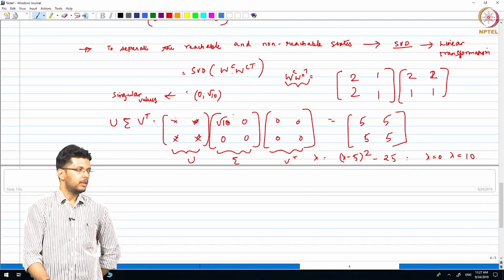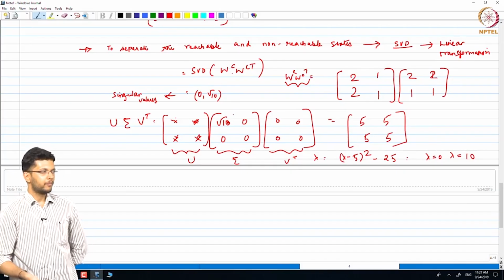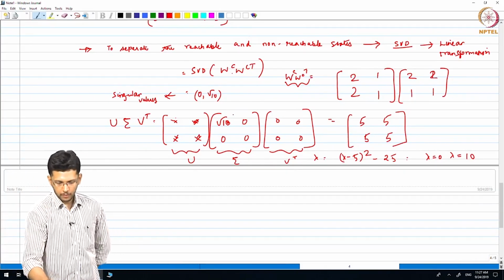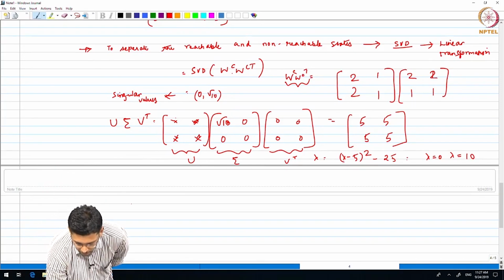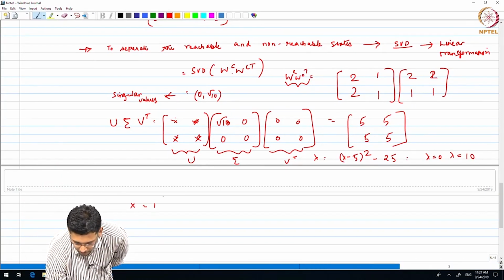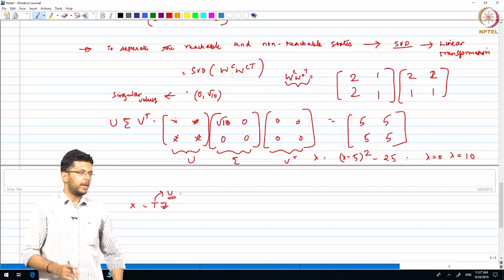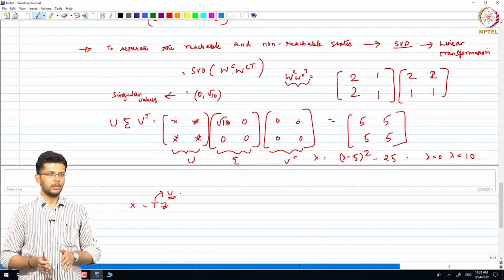Why are we using SVD? Because if we do a linear transformation x equal to T z, where T is U, we can separate the reachable and the non-reachable states.